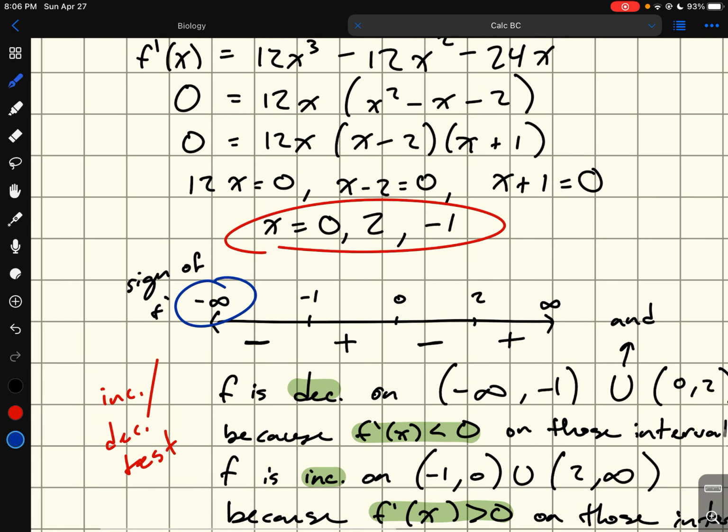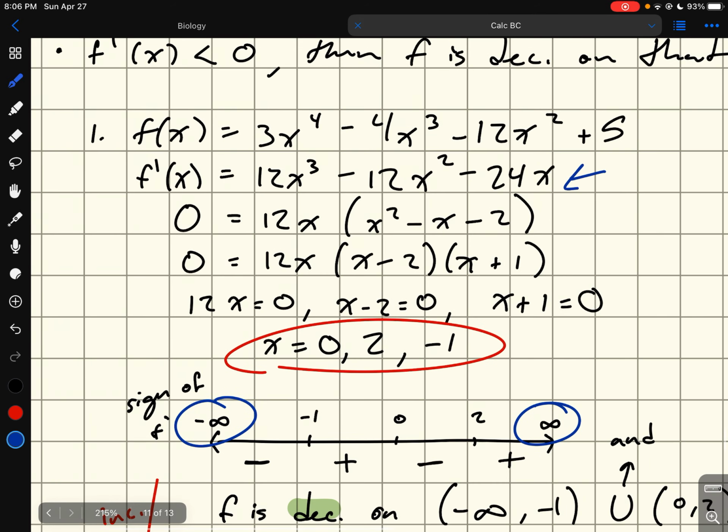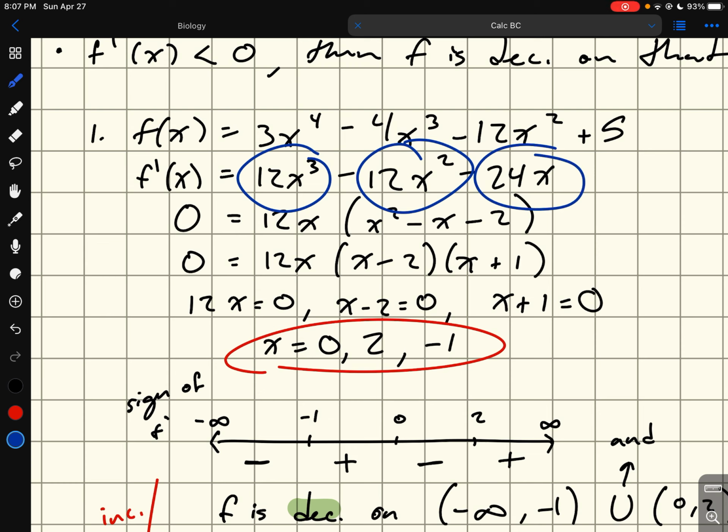And to know what interval we're on, we have to look at this function, f prime. So f prime is a polynomial, meaning it's just made up of a lot of terms together with various degrees of x. There's 2, 3, 1 here.